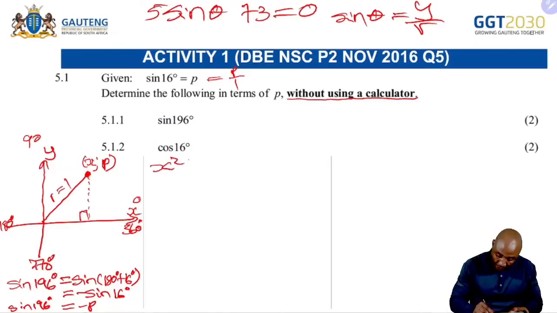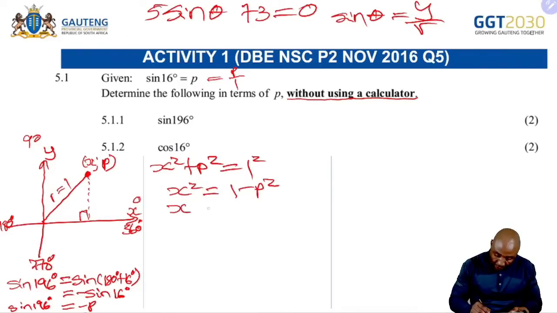We'll have x squared plus p squared is equal to 1 squared, and meaning x squared is equal to 1 minus p squared. x is equal to plus or minus the square root of 1 minus p squared.